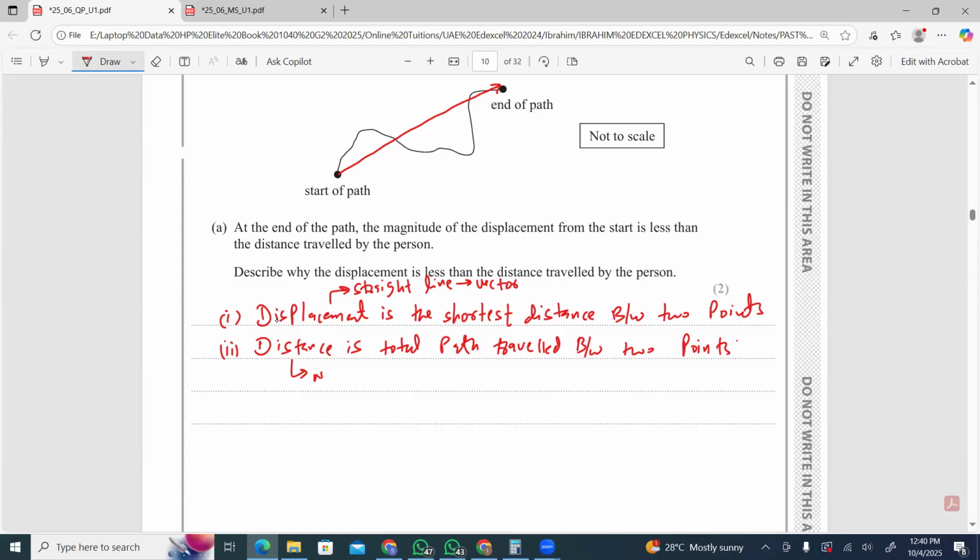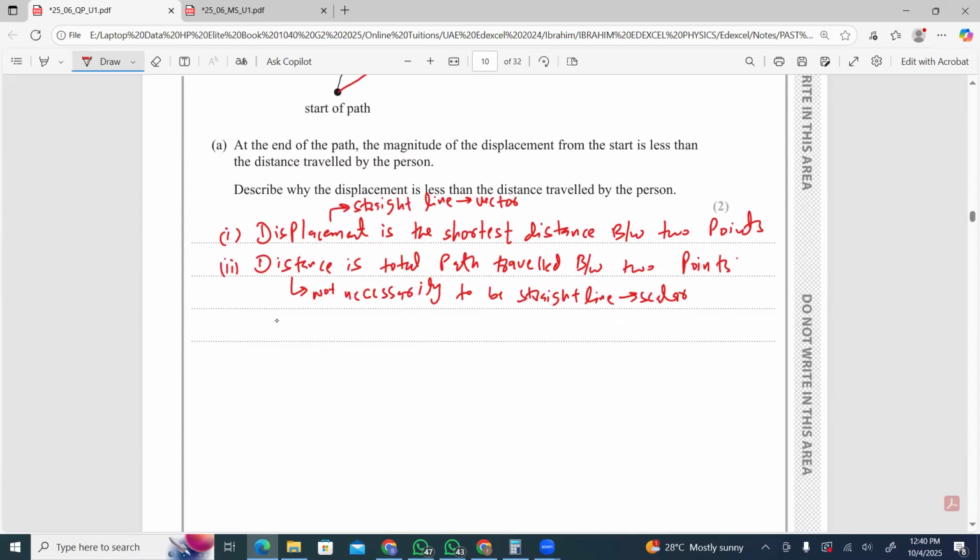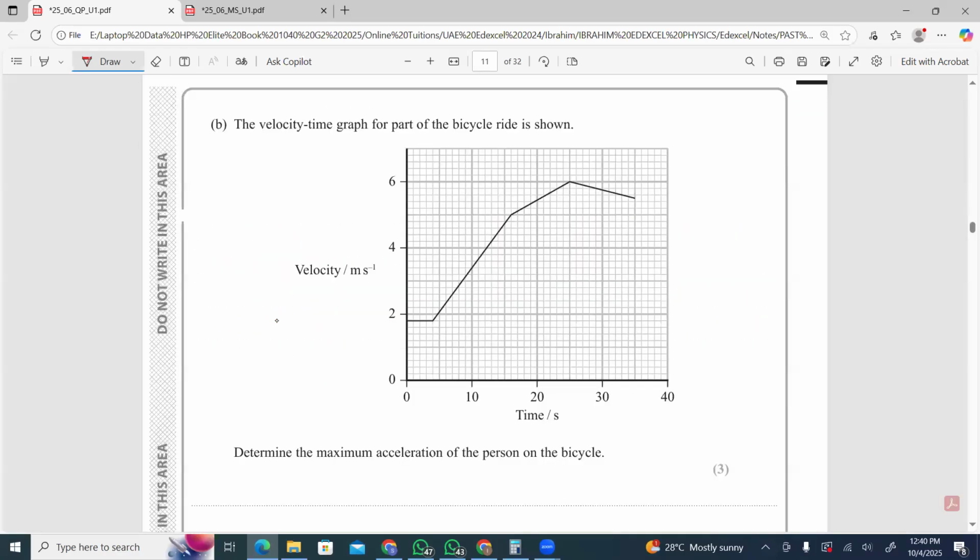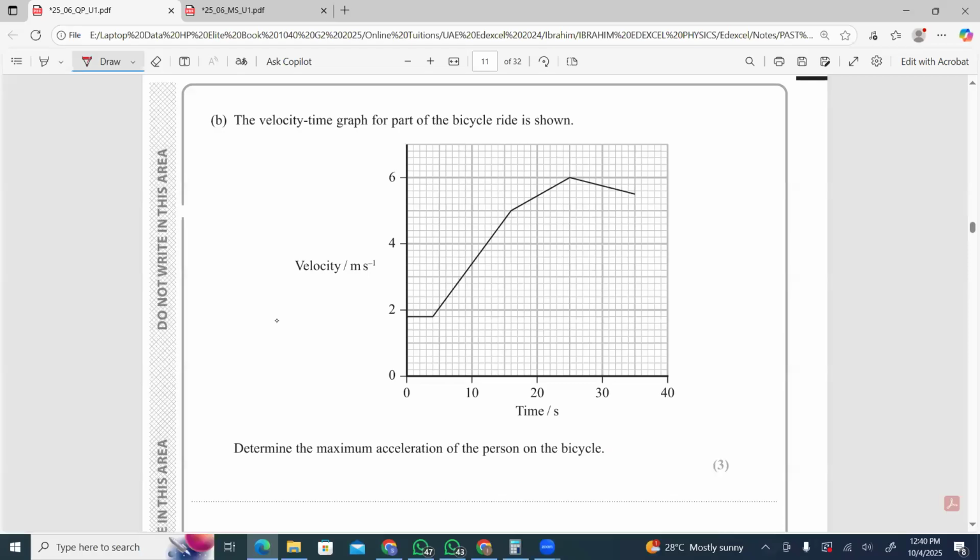Distance is not necessarily a straight line, and it is a scalar.